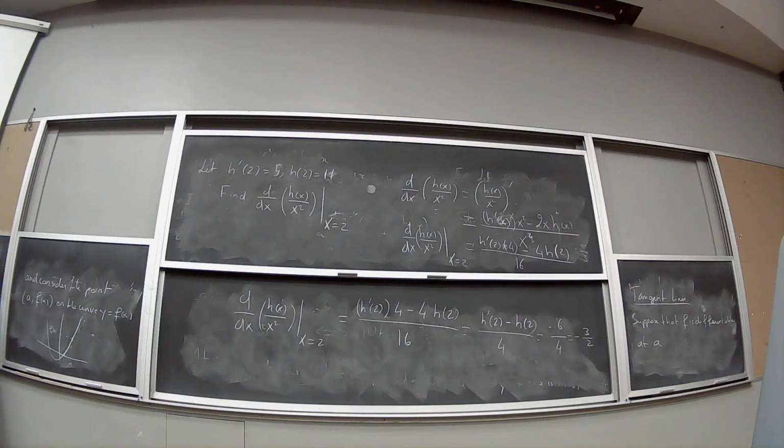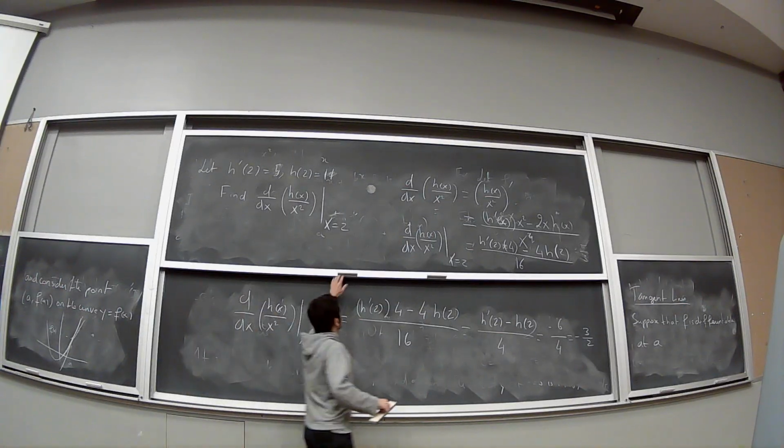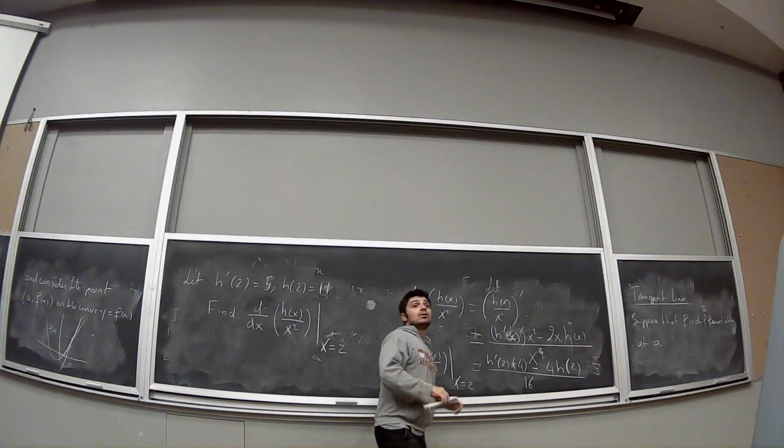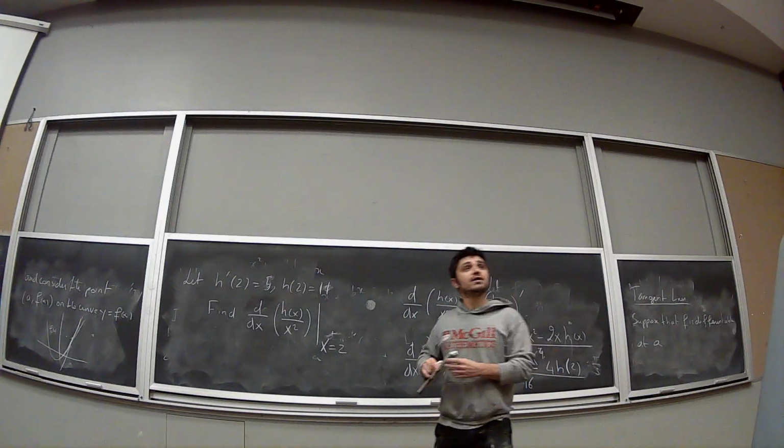Now, what did we say about the slope of the tangent line to the curve y equals f of x? What is the slope of the tangent line at a, f of a? f prime of a, right?